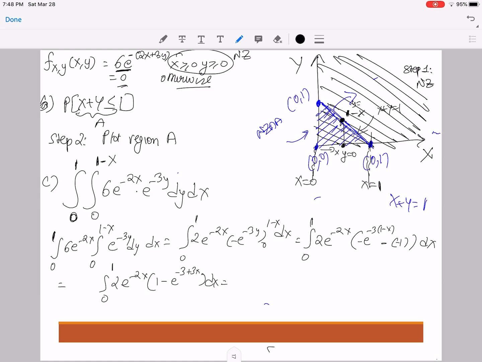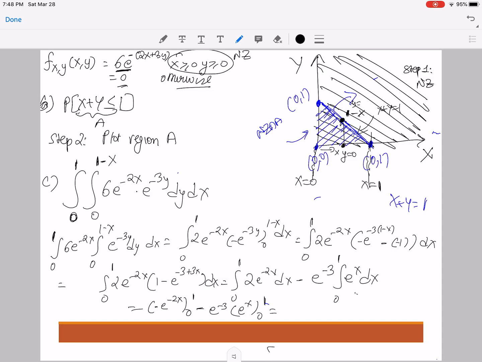dx. When I evaluate this integral, 0 to 1, 2 times e to the negative 2x dx minus e to the negative 3, which is a constant term so that will come out, times e to the x dx. When I evaluate the first integral, I get negative e to the negative 2x, limits 0 to 1. When I evaluate the second integral, I get e to the x, limits from 0 to 1.